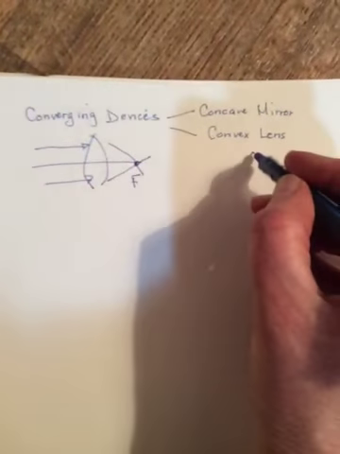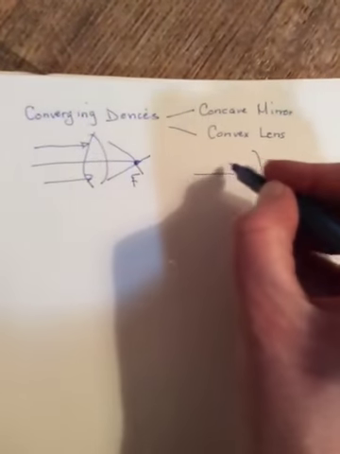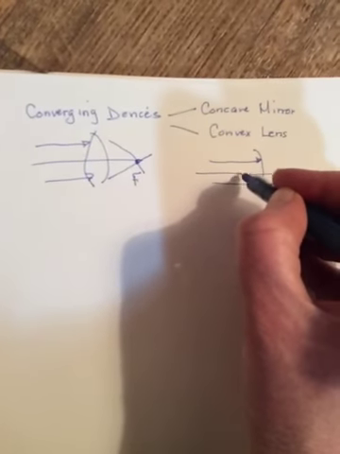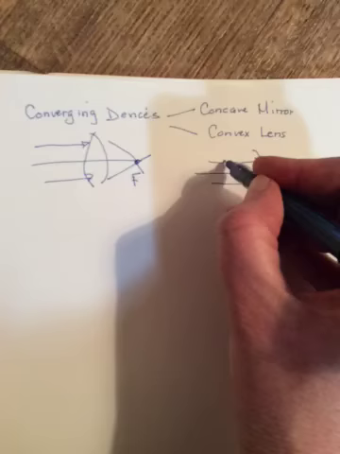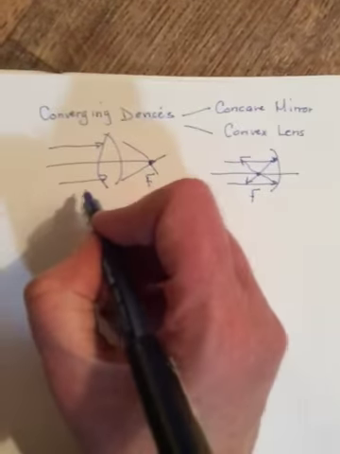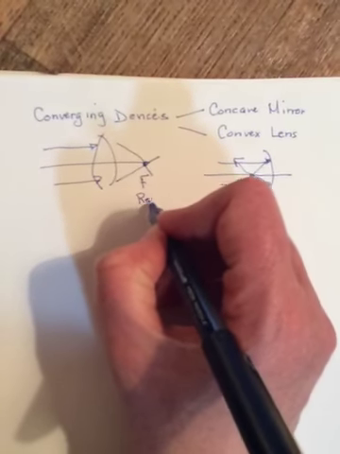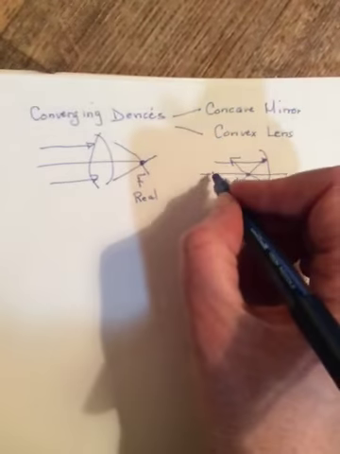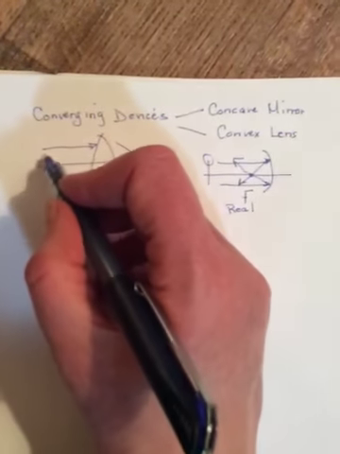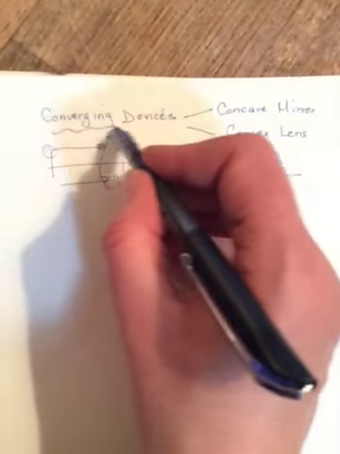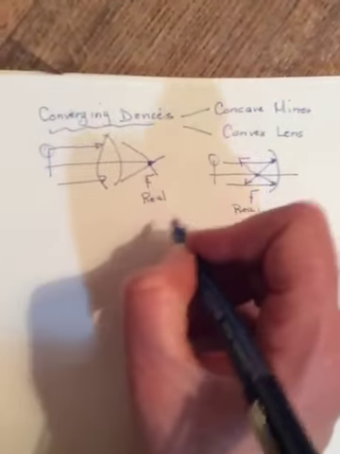And if it was a mirror, going in parallel to the principal axis, they would reflect so that they go through F on this side. For lenses, the real side is the opposite side. For mirrors, the real side is the same side as the object. So this is the object here. Those are converging devices, and so the F is always positive.